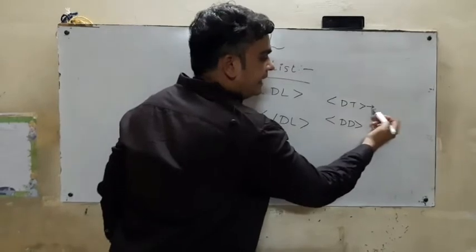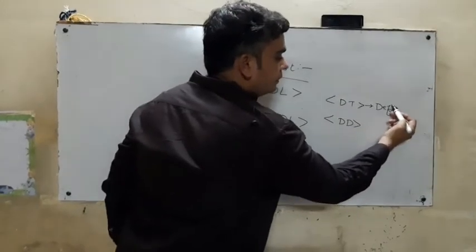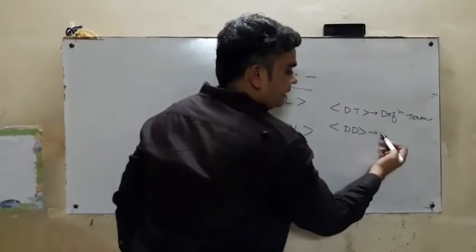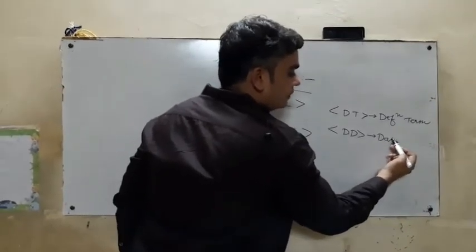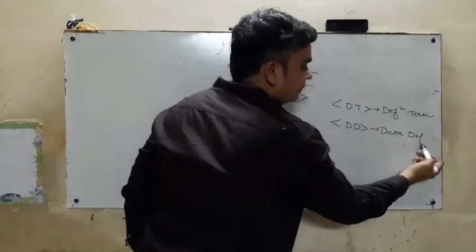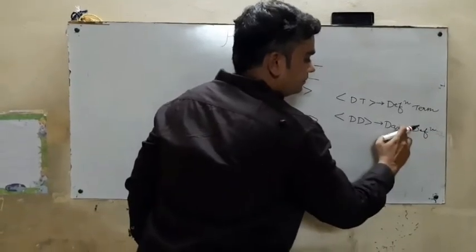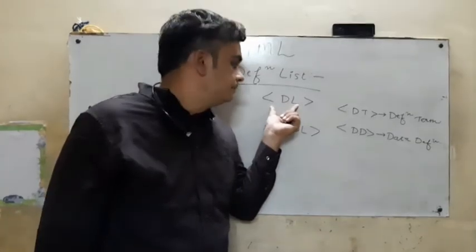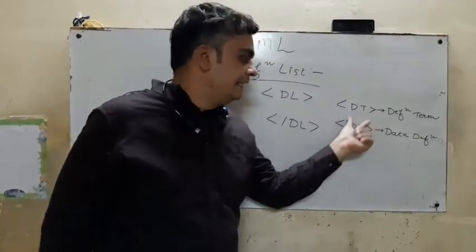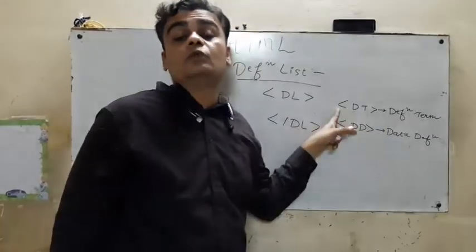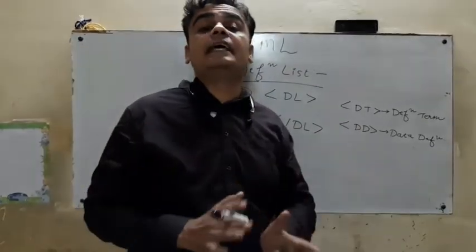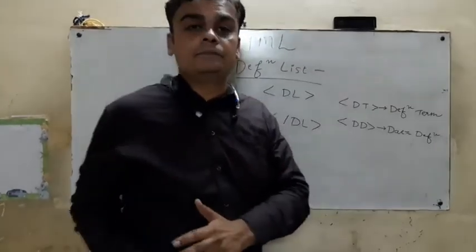My DT tag represents definition term and DD represents data definition. So to represent list elements, we are going to use DT and DD. These are the 2 supporting tags. And in ordered list and unordered list, we use the li tag as a supporting tag.